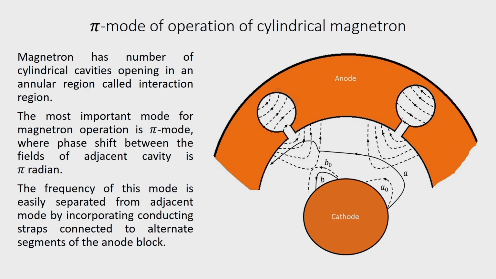So, it is very easy to separate out this particular mode from the other adjacent modes. Now, qualitatively, let us see how the electrons transfer energy to the cavities when operating under pi mode.